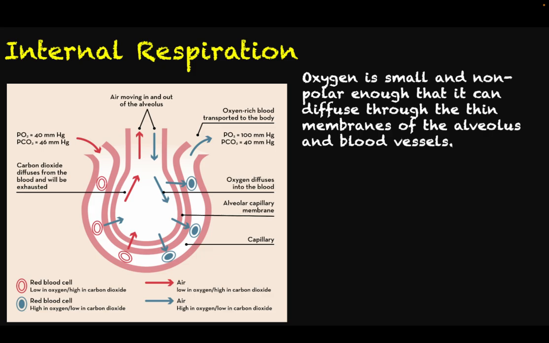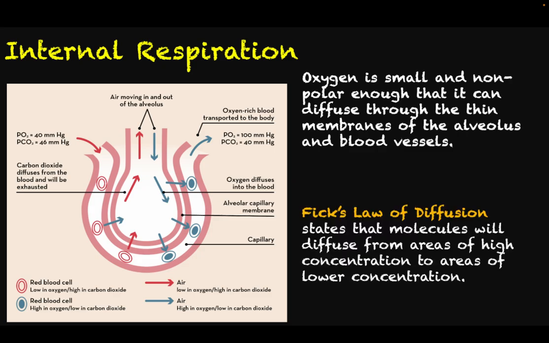So you can almost think of these membranes as having like little tiny pores in them, even if that's not strictly true, but you can kind of think of it that way. Oxygen and carbon dioxide can actually move directly through the thin membranes of the alveoli and the blood vessels. But they won't do that automatically. They will only do it if the conditions are right.